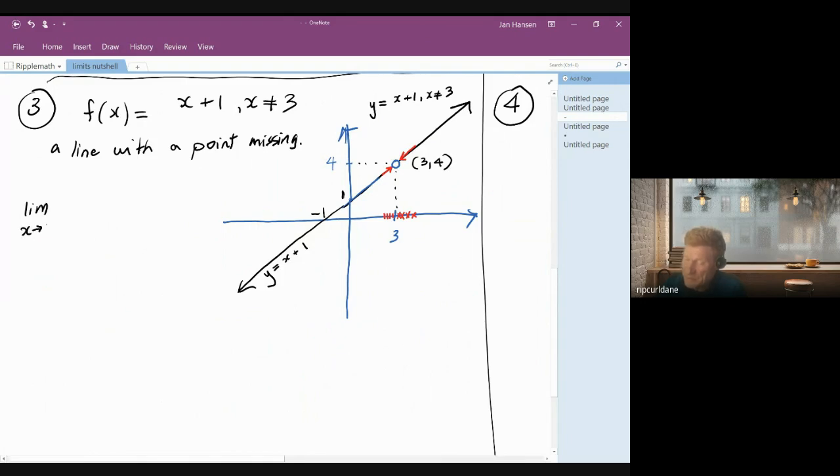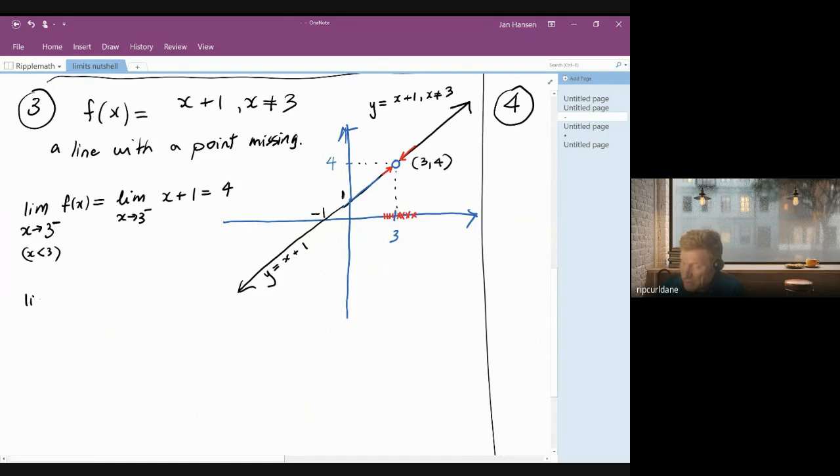So, x approaches 3 of f of x. So let's go 3 minus. That means x is less than 3, but not equal to 3, because there's no function value at 3. So this gets fairly technical, this sort of thing. Same calculation as before.